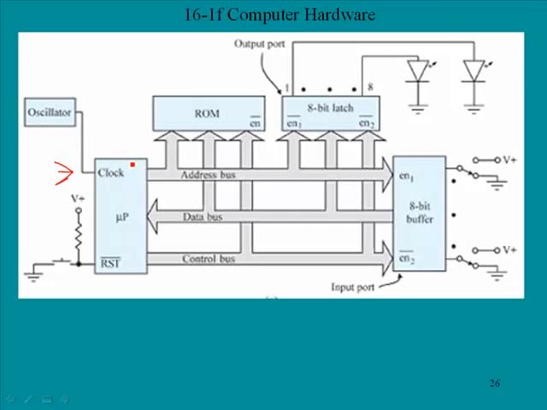This could be a few hundred megahertz to thousands of megahertz, and thousands of megahertz means we're talking about gigahertz possibly. Many microprocessors multiply the clock internally for high-speed operation.